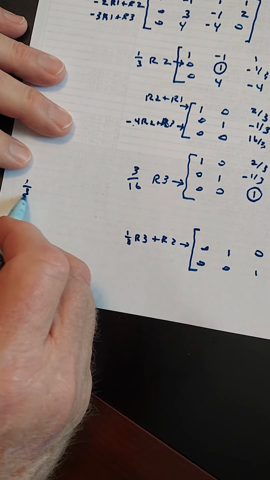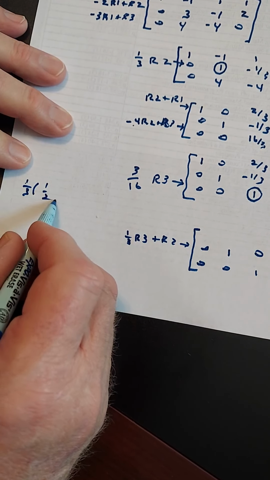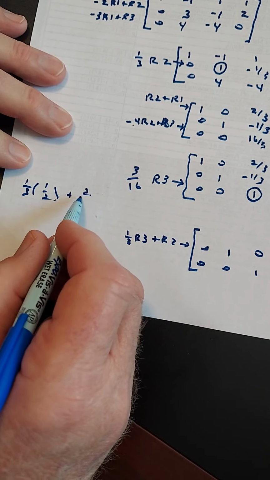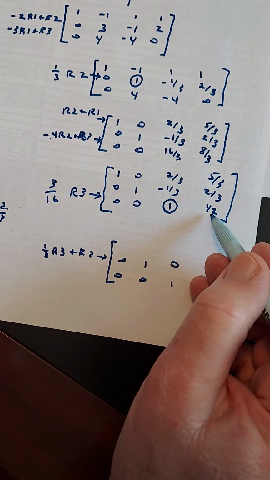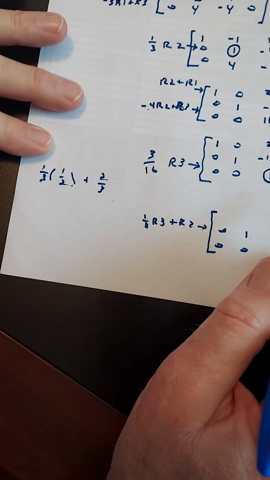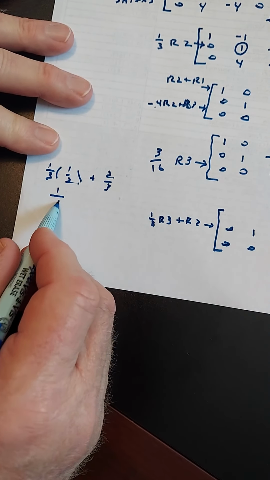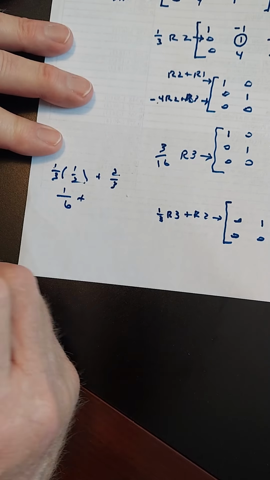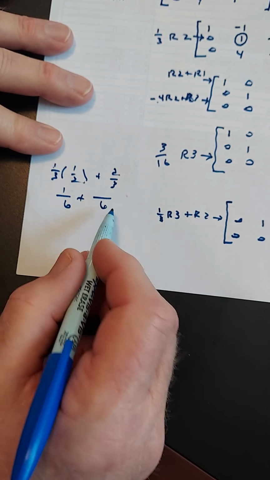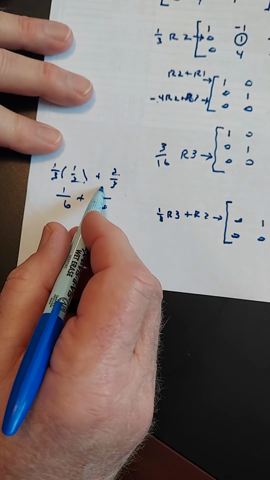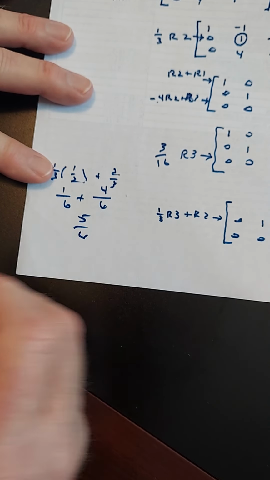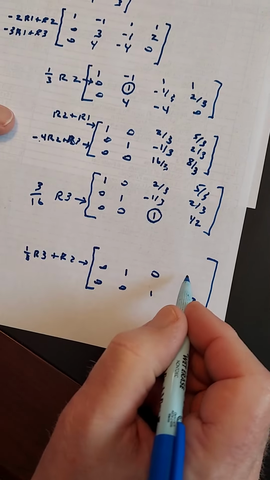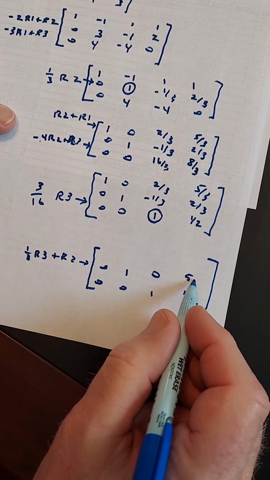I'm taking 1/3 times 1/2 and adding to 2/3. So over here on the side, that's going to be 1/6. You need a common denominator, so we're going to make 2/3 into something over 6. That's going to be 4. 4/6 and 2/3 is the same thing. So when you do that, you get 5/6. That's the number that goes right here.